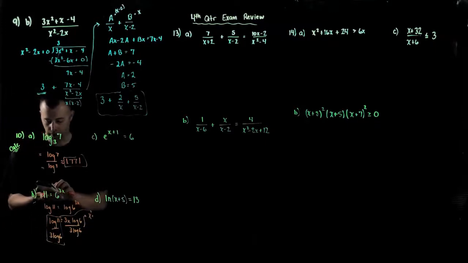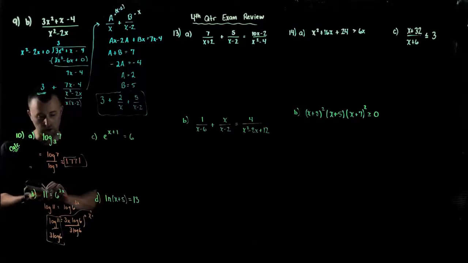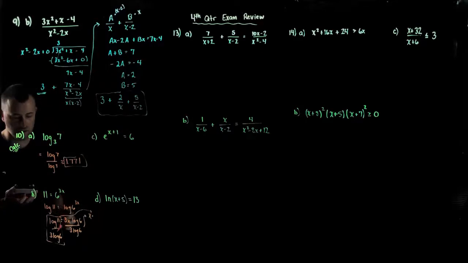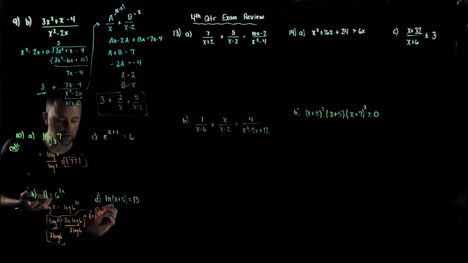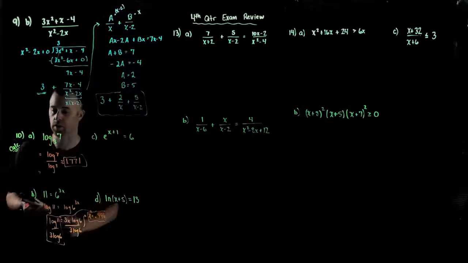So I have log 11 divided by 3 log of 6, or log of 6 cubed. So I'll just do 3 log 6. That's what I have written, but it doesn't really matter. 3 log 6. And you get approximately 0.446. So that is going to be 10b.